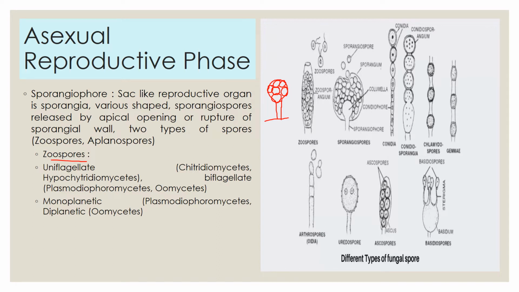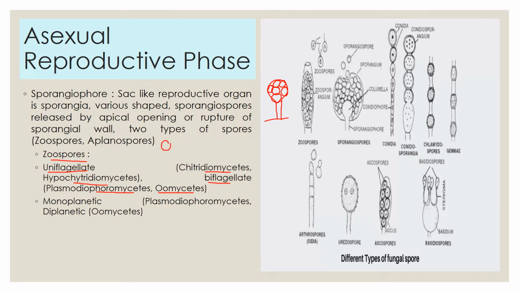Depending upon the number of flagella, they are uniflagellate or biflagellate. Uniflagellate is mostly found in the chytridiomycetes and hypochytridiomycetes, and biflagellates are found in the plasmodiophoromycetes and oomycetes. That is, mainly in the phycomycetes we see this flagellation.